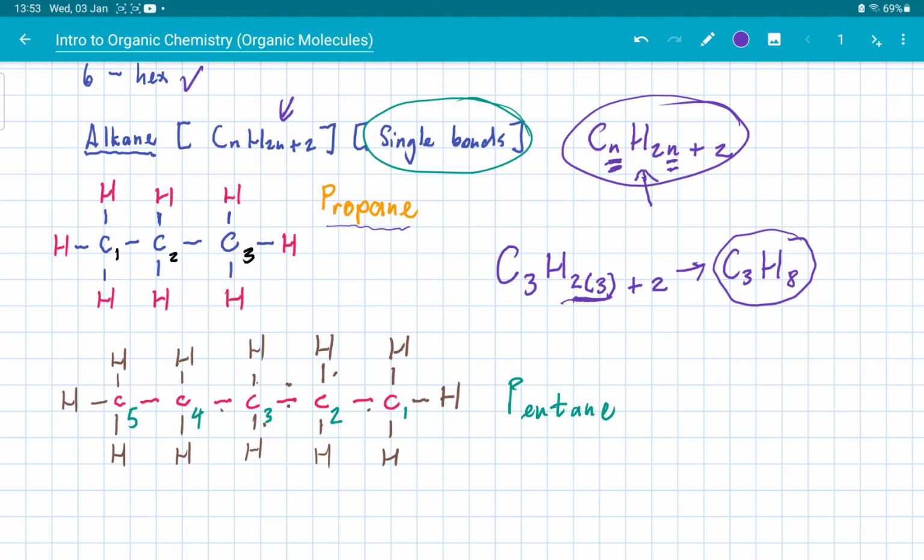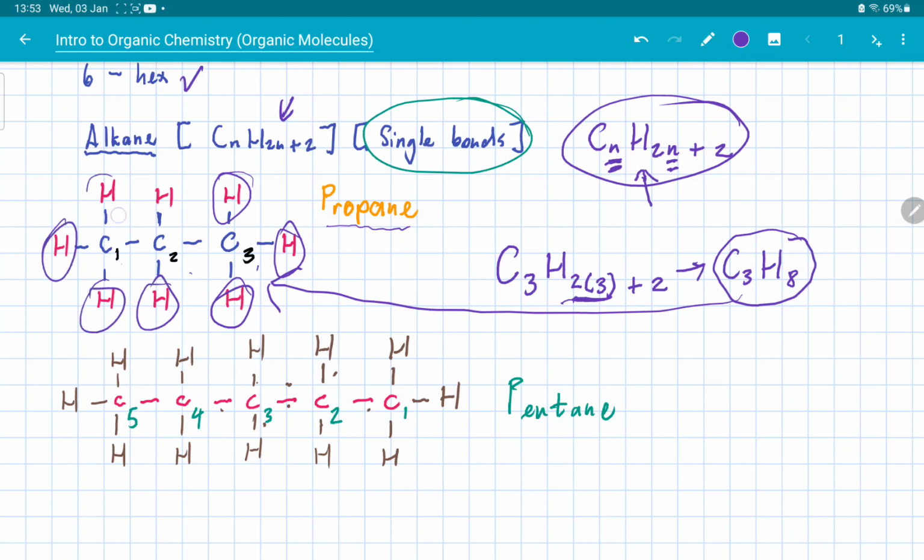So let's go back and check here. How many carbons are there? It's 1, 2, 3. How many hydrogens are there? It's 1, 2, 3, 4, 5, 6, 7, 8. So yes, it matches.